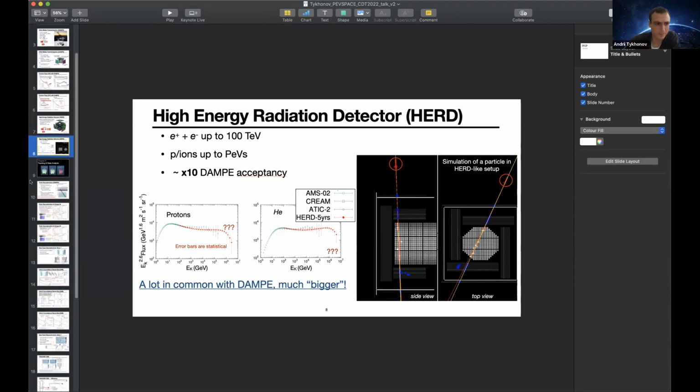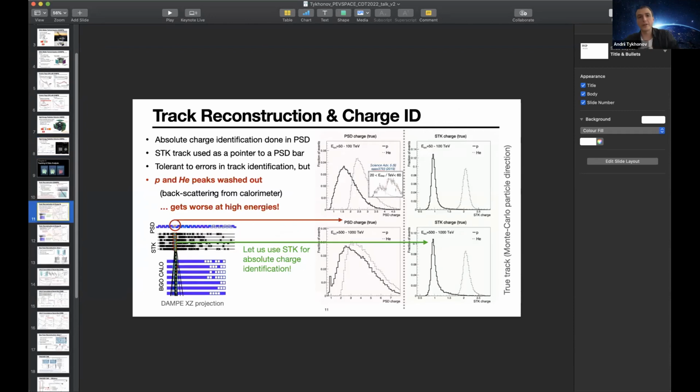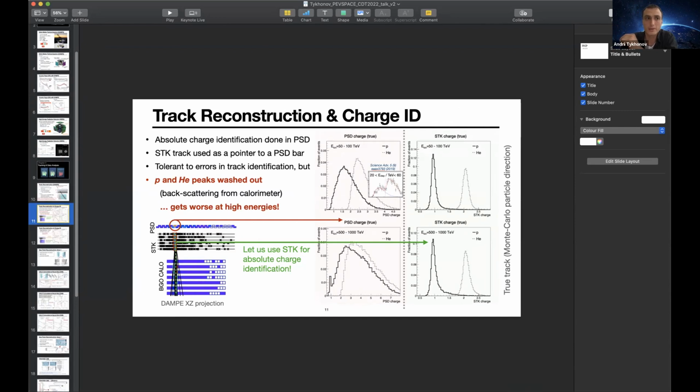Sorry, probably I was not very clear here. The idea is that dE/dx is a standalone thing. We need a perfect track reconstruction in order to know precisely where our particle passes through the detector.